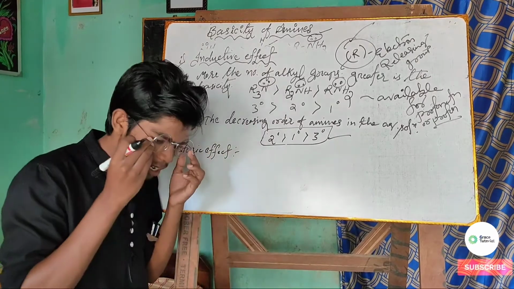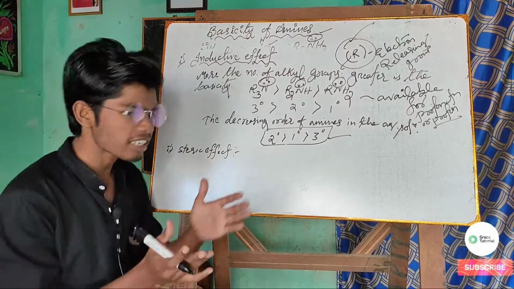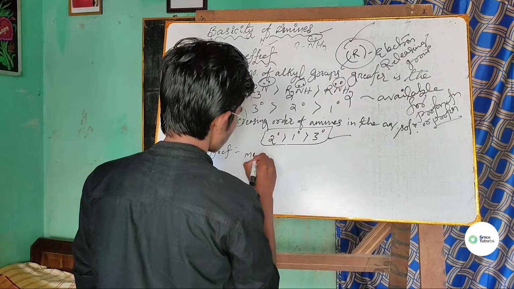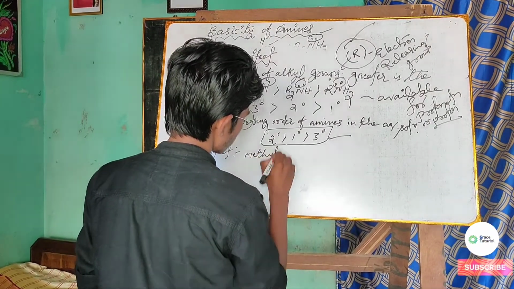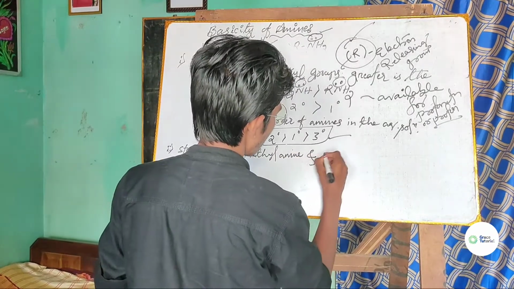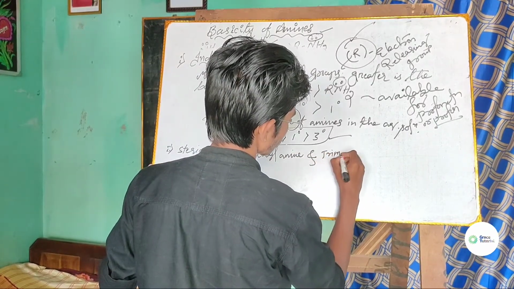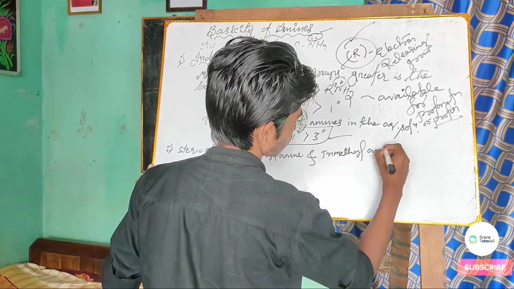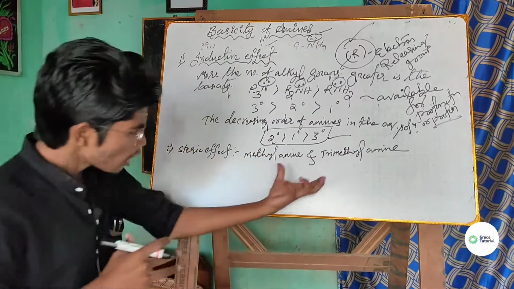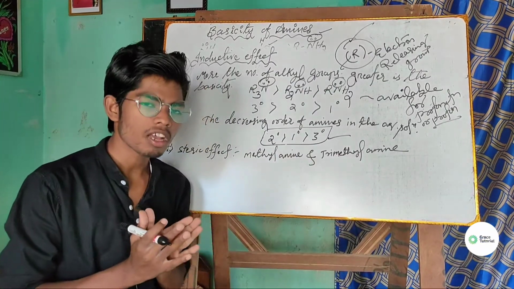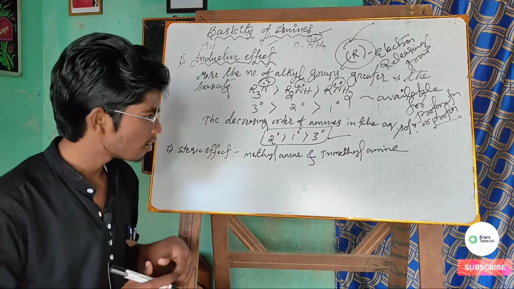Let us try to understand, my dear students, what the steric effect says. Suppose I have methylamine and trimethylamine. If you compare the basicity of methylamine and trimethylamine, which one is more basic?